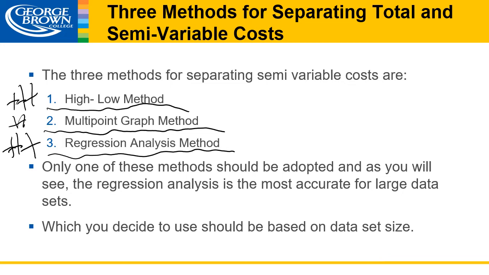But that said, it depends on the data set that we have, right? So regression analysis usually depends on large data sets. We might not always have that, in which case we can use the multi-point graph if we have very little data, or the high-low method if we have a medium-sized data set, which I'll show you in a second.